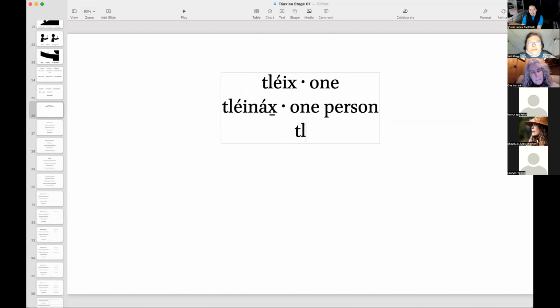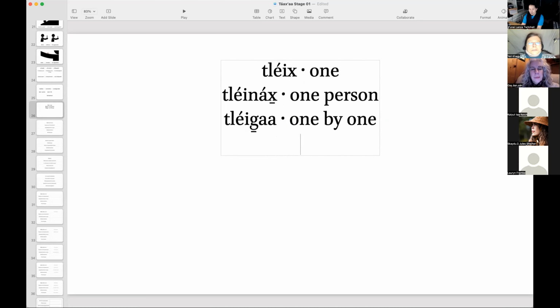Then you have tleqa, and this is once, or rather, 1 by 1. This is saying how many in a set. So dacha would be pairs. We're going to do it in sets of 2, sets of 3, sets of 4, and then the last one would be tleidehin, or sometimes people say tleichdehin.